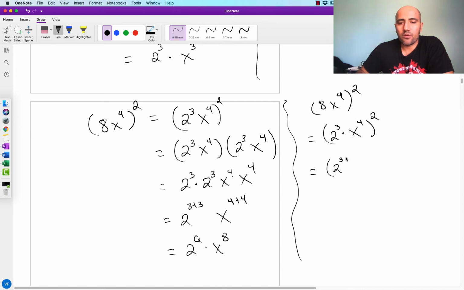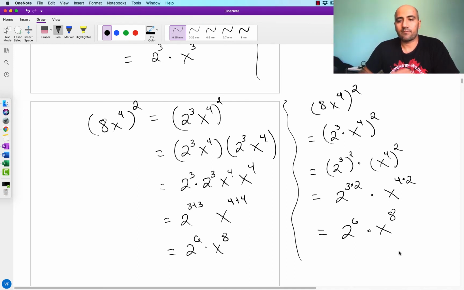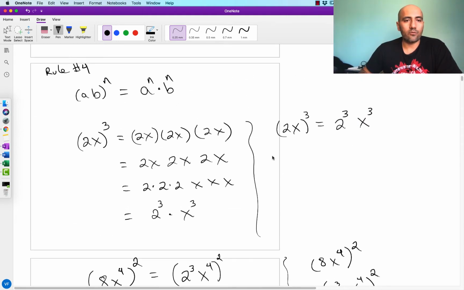This will be 2 to the third power squared times x to the fourth power squared, which then gives me, using the previous rule, rule number 3 I think it was, 2 to the 3 times 2 times x to the 4 times 2. So we end up with 2 to the 6th power times x to the 8th power. Okay, that's, again, this rule right here, rule number 4.